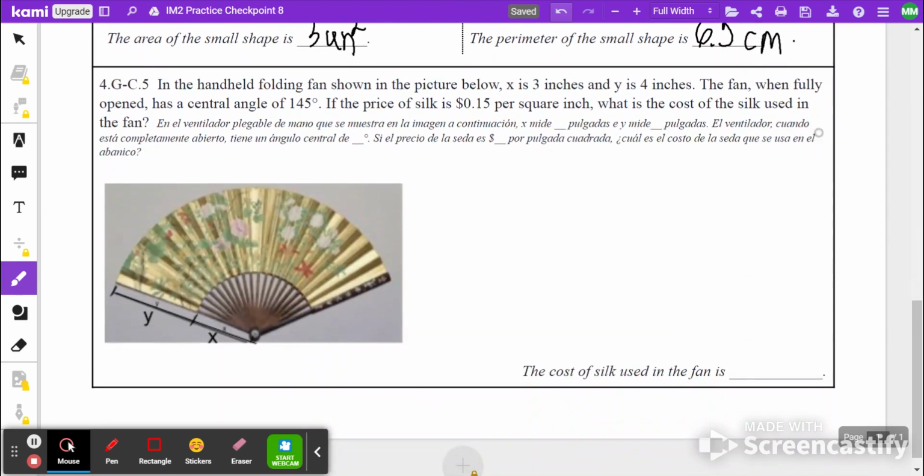Okay, next problem. Last problem. In the handheld folding fan shown in the picture below, X is 3 inches, Y is 4 inches. The fan, when fully opened, has a central angle of 145 degrees.